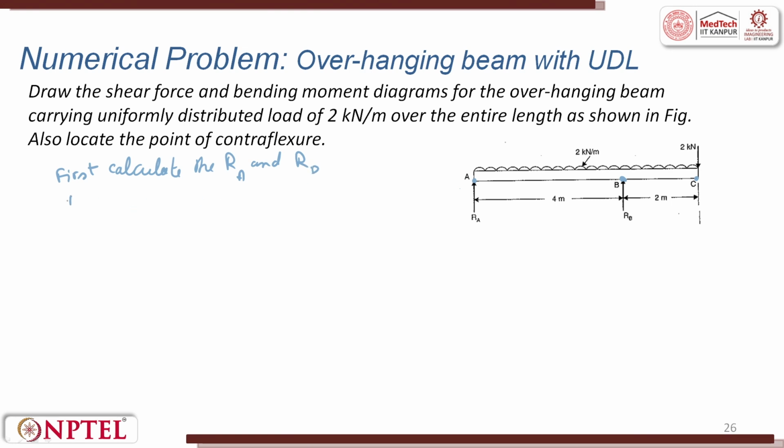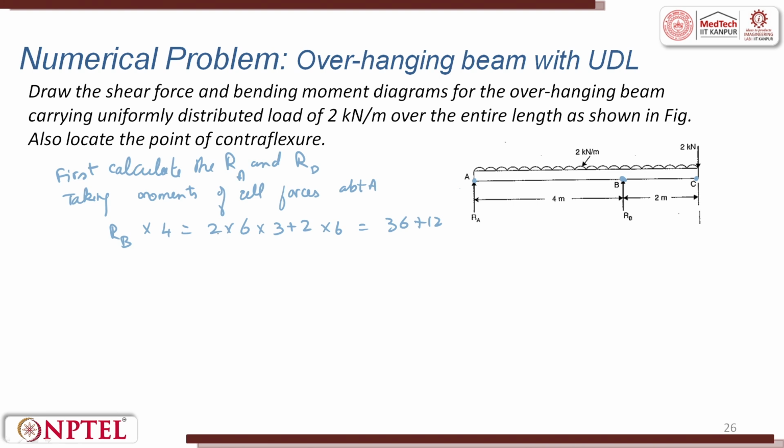So, taking moments of all forces about A, we get RB into 4 equal to 2 into 6 into 3 plus 2 into 6, which is 36 plus 12.